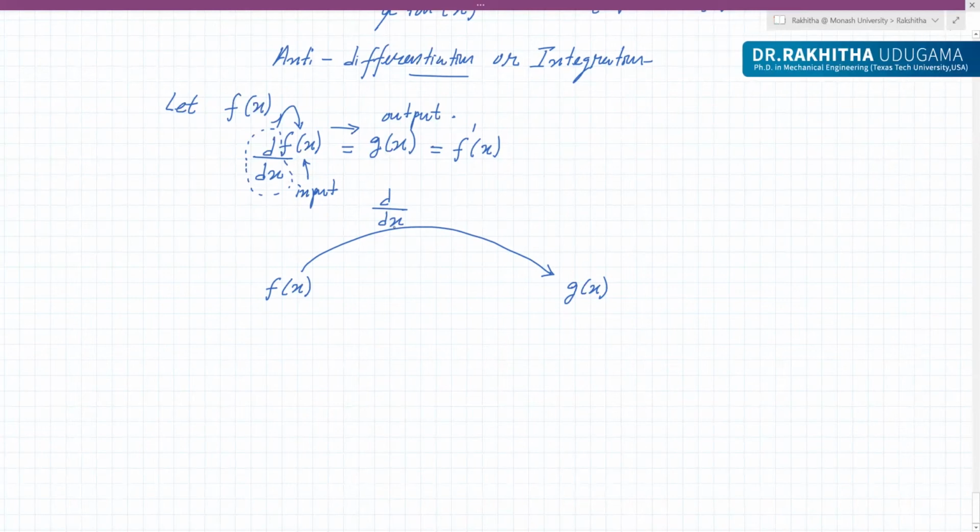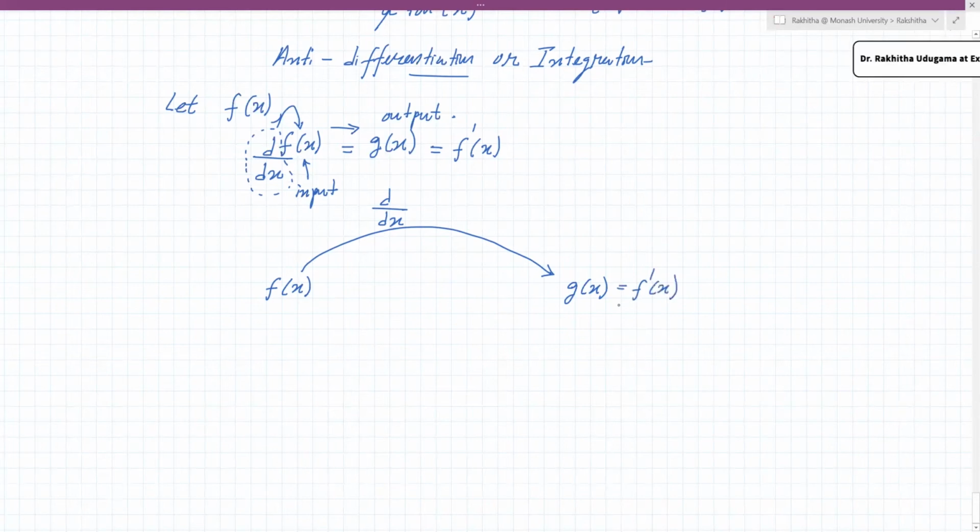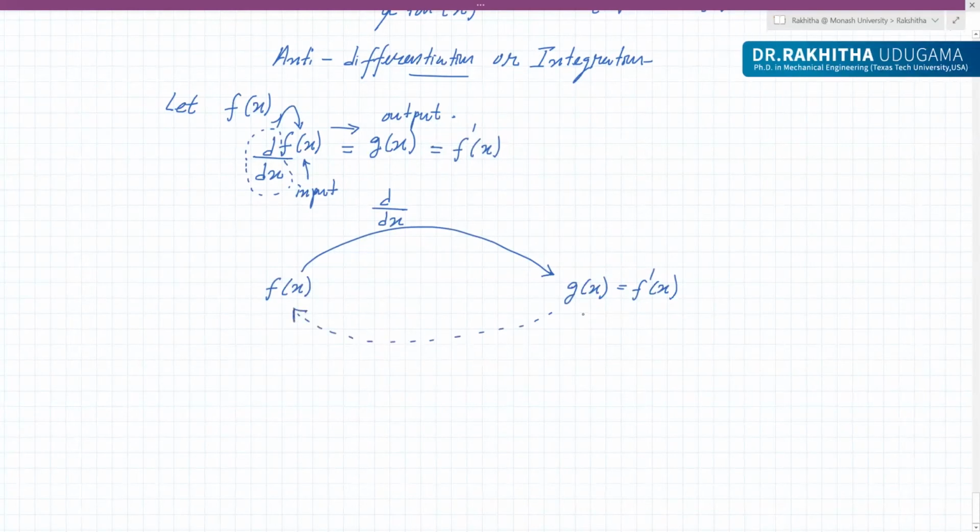You can say this is f dash x also. Then the next thinking would be, is there any way that you can go in reverse? Is there any way that you can get f(x) from g(x)? A reverse method.